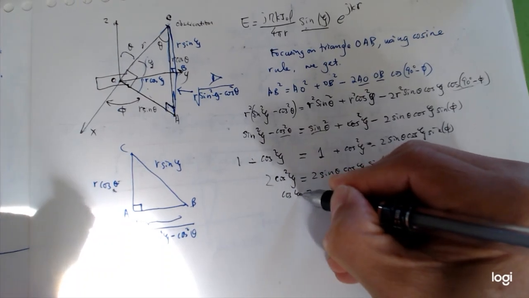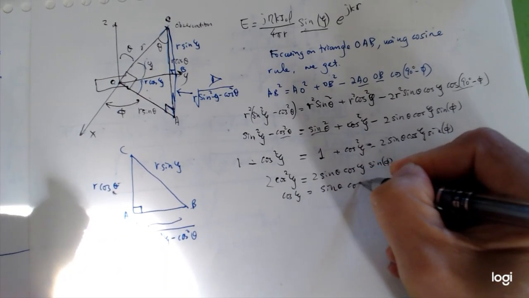Cosine C is equal to sine theta cosine phi.